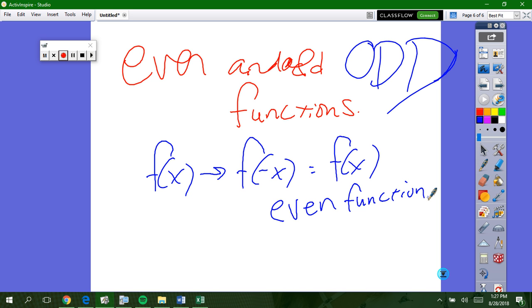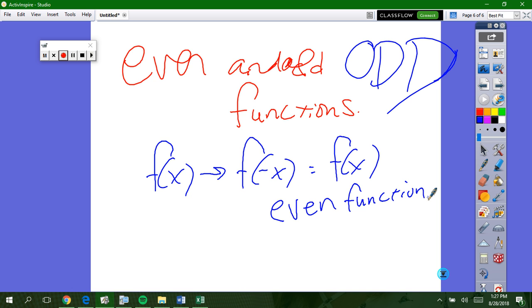Okay, Isabella, explain why x squared would be an even function. If I take x squared and replace the x with a negative x, what's negative x squared? Don't I come back to x squared?